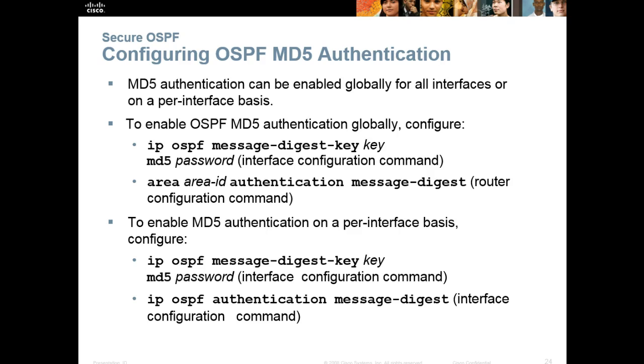And then once MD5 is running, you go into IP OSPF message-digest-key 5 and then put in a password in the interface config. And then the area ID authentication message-digest is the other end of that. Now, if you want to do it just on an interface, you can just do the MD5 in the interface configuration command. All right.